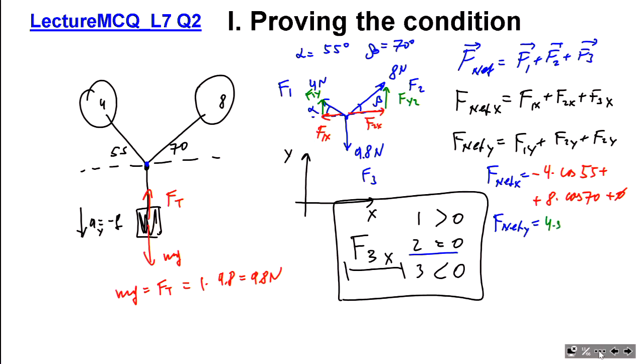So 4 times sine of 55 plus 8 times sine of 70, and plus, because we are adding components, see, this plus comes from this plus, and this plus comes from that plus. But what number should I write for the y component of the third force? Negative 9.8.